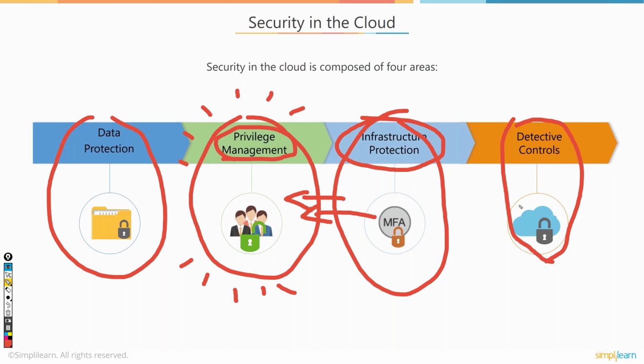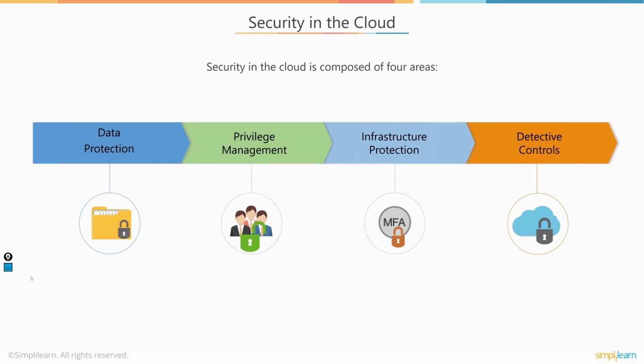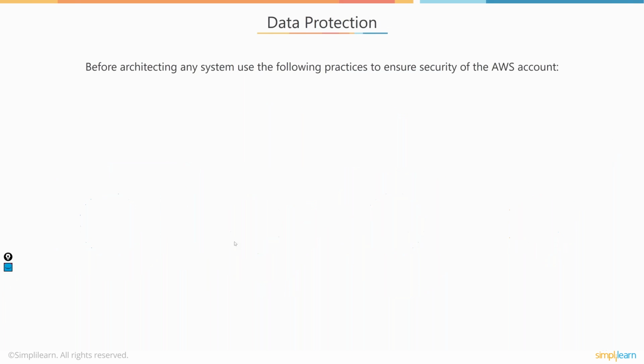They're not going to tell you, hey, you have a breach, because it's entirely up to you if you open too much security on your systems. What they will give you is the ability to log it and maybe parse it somehow and link it with some sort of application that will flag it, maybe via email, maybe it will pop up on your screen that there is strange activity, and that's exactly what they give you. So let me hide this, and let's skip straight to the next one, data protection.